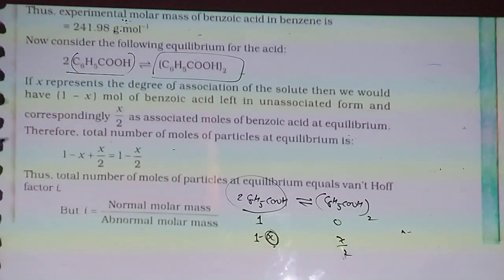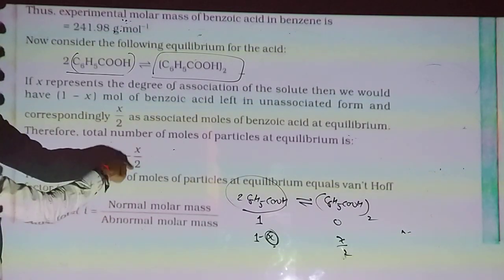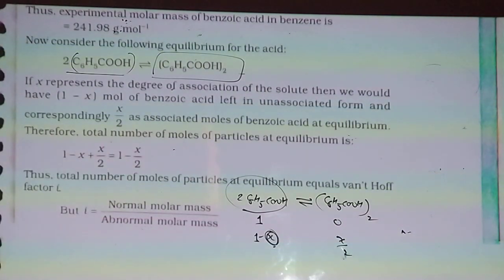So total particles 1 minus X plus X by 2, so 1 minus X by 2.